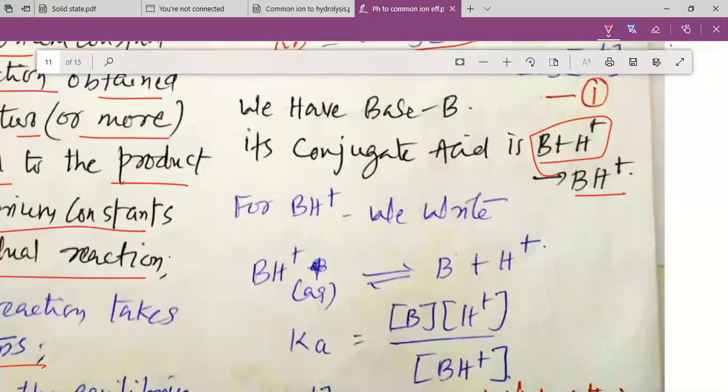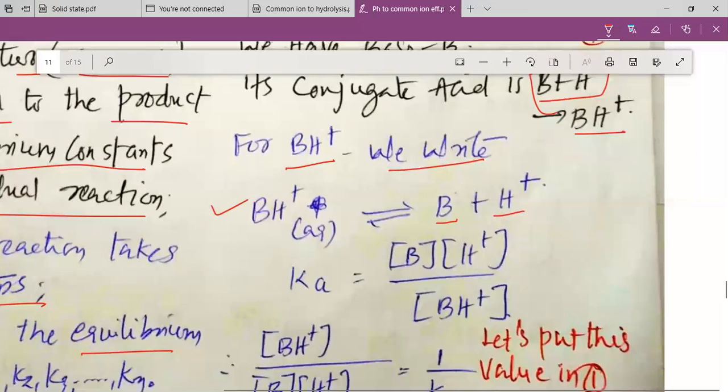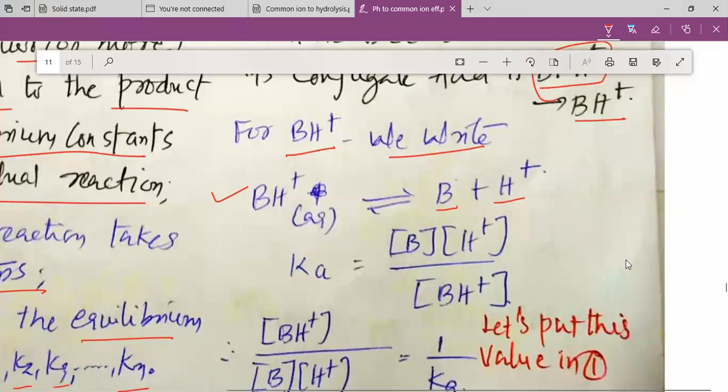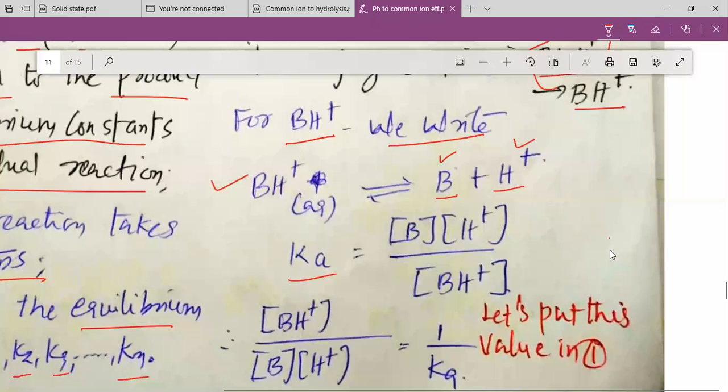So for this conjugate acid BH plus, we can write an equilibrium such that BH plus gives us B and H plus. For this, my dear students, we can easily write the acid dissociation constant Ka is equal to the concentration of B multiplied by the concentration of H plus divided by the concentration of BH plus.